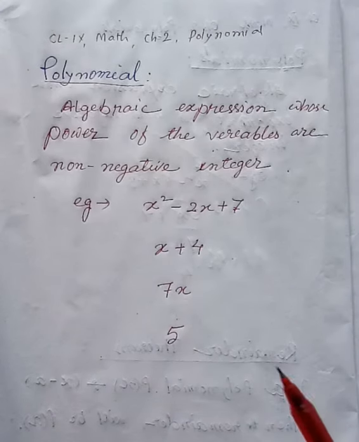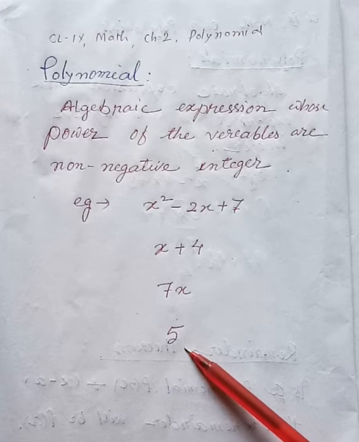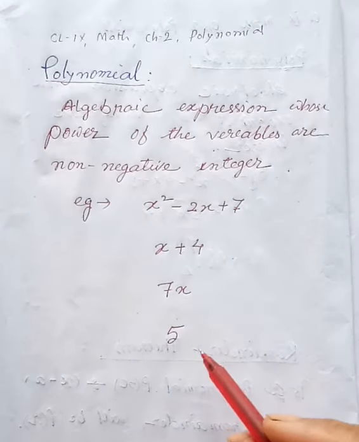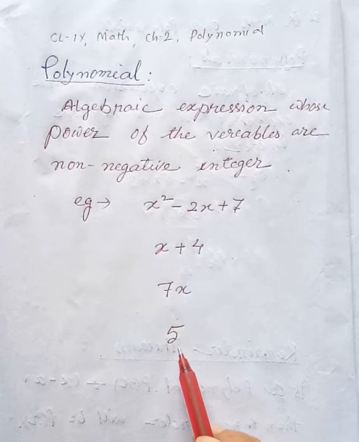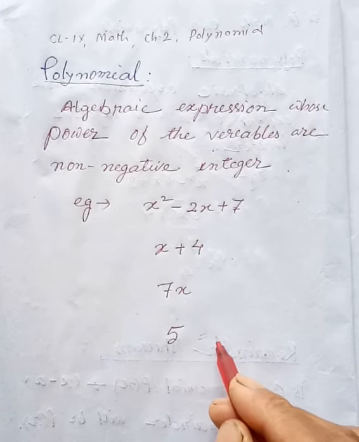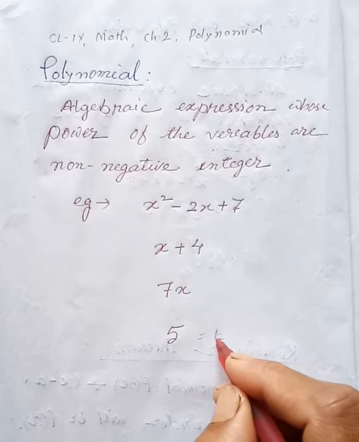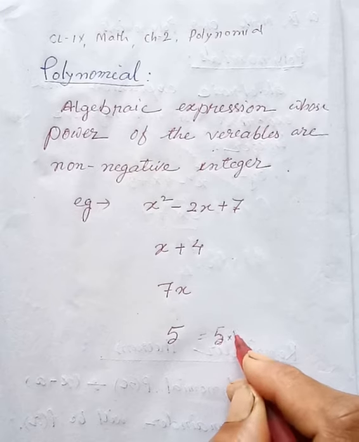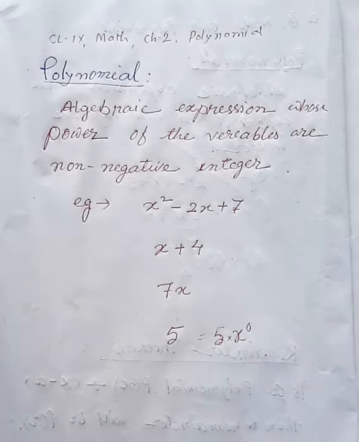And we can also consider this 5 as a polynomial, because it is also an algebraic expression. This 5 we can rewrite like this: 5 can be rewritten as 5 into x to the power 0.